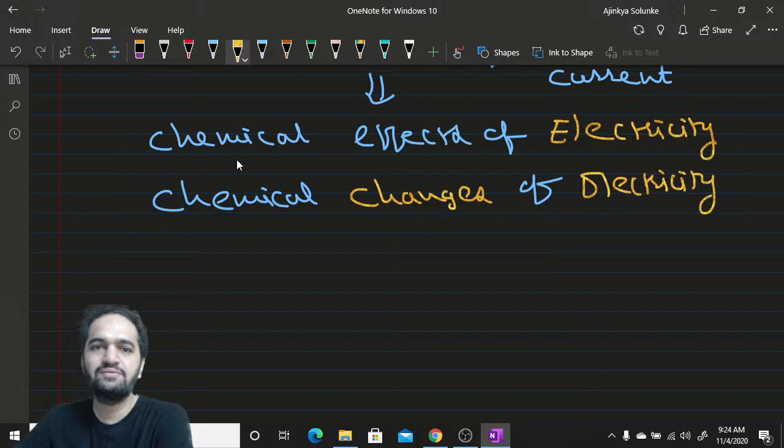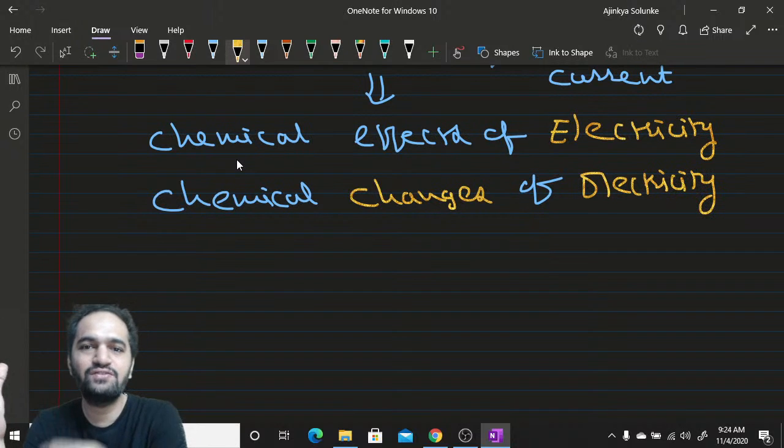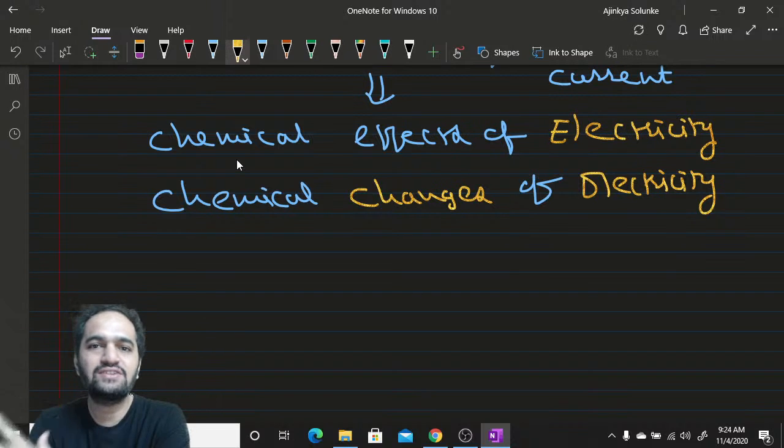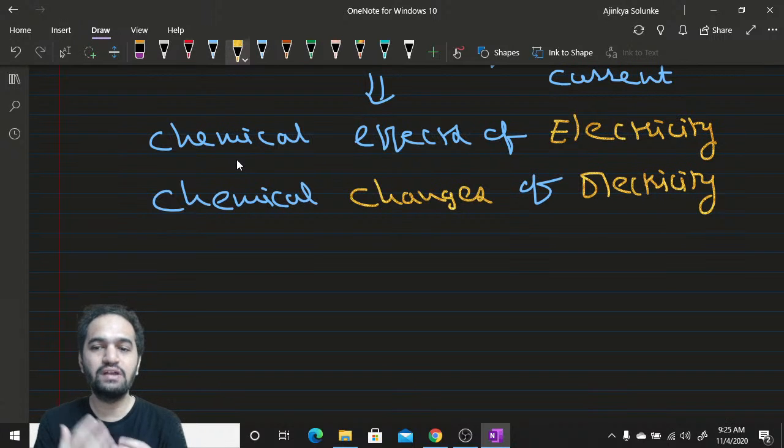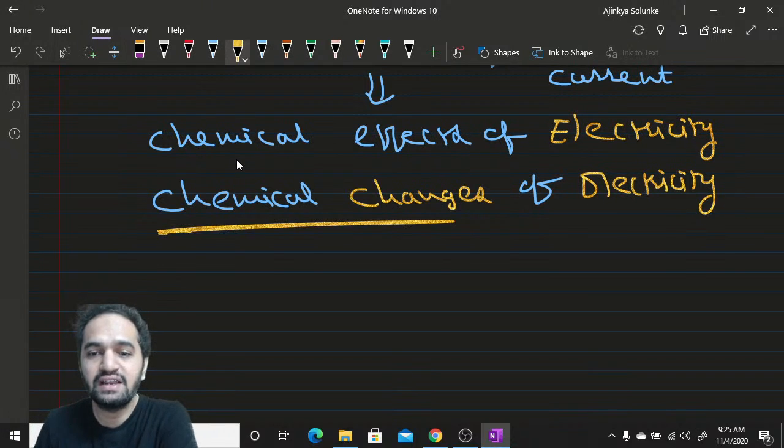Now are you understanding? It's a very simple definition of the particular word chemical effects of electric current. In simple words, it means these are the chemical changes which are happening due to electricity. So electricity is bringing about these chemical changes, but chemical changes can also be written as chemical reactions.